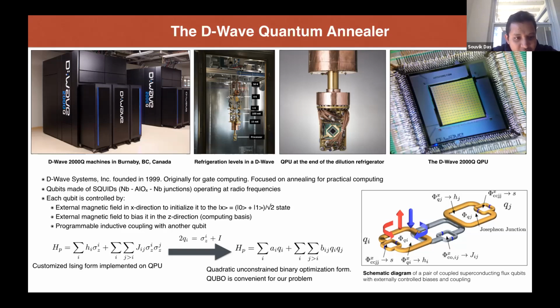So what are the quantum bits, the qubits, made out of? The qubits are made out of radio frequency Josephson junctions, also known as SQUIDs, made of niobium with aluminum oxide junctions, and they operate at radio frequency. I have a schematic diagram of 2 qubits on the bottom right.